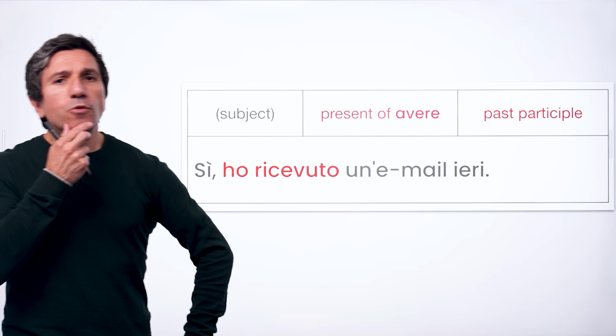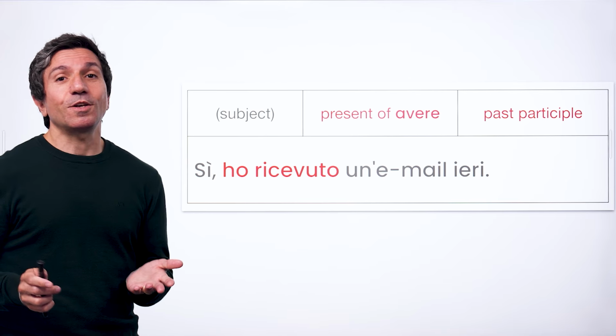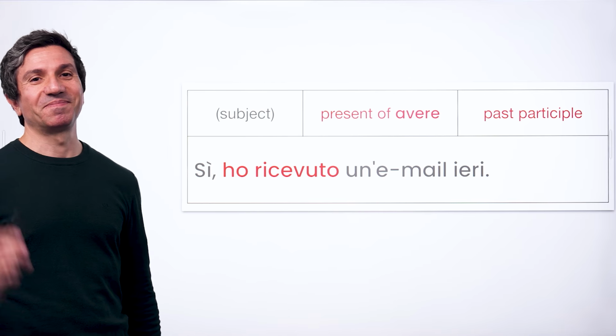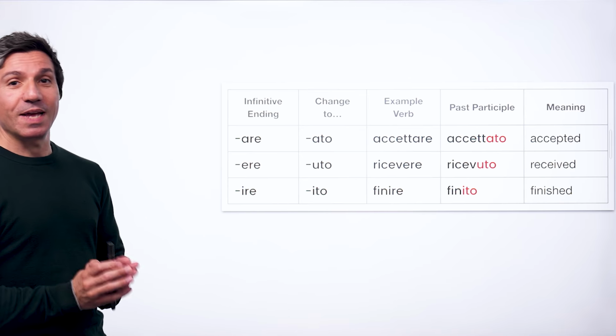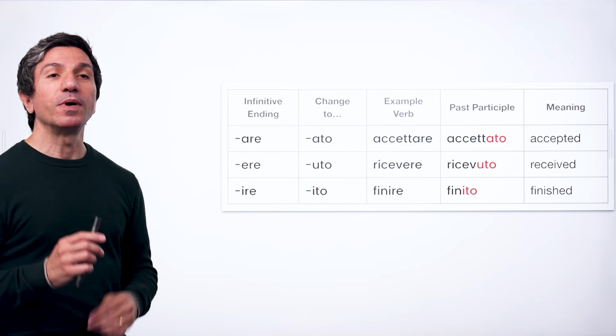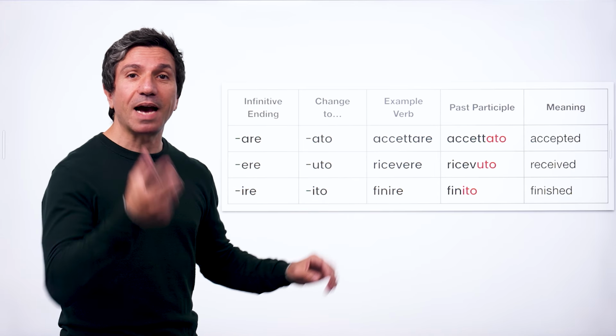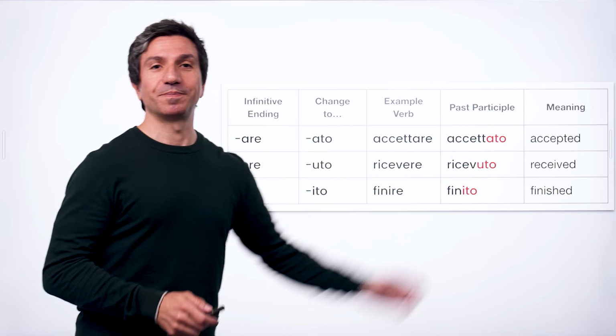Now, how do you form the past participle? It depends on the verb ending. For verbs ending in are, change it to ato, like accettare becomes accettato.